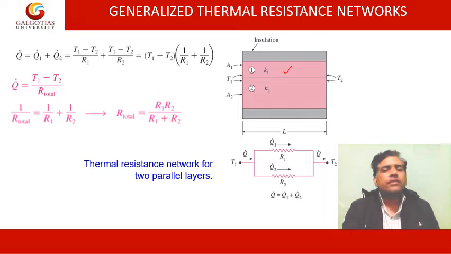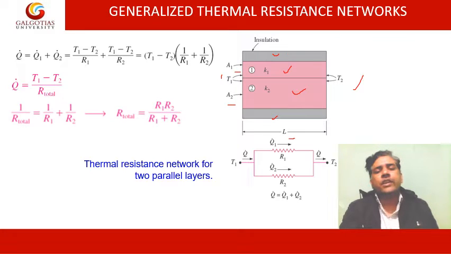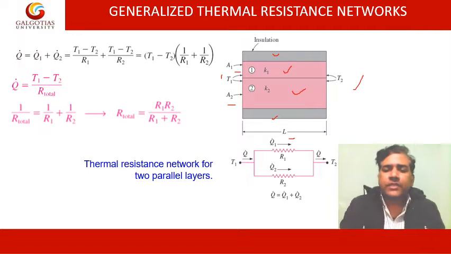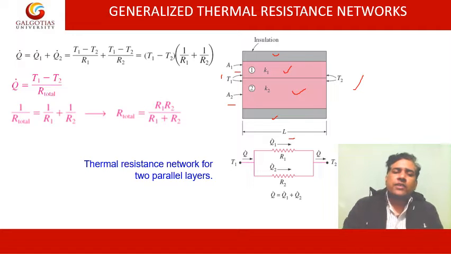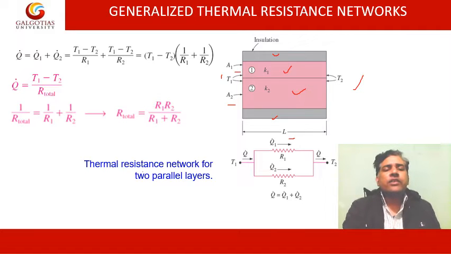Layer 1 has thermal conductivity K1 and layer 2 has thermal conductivity K2, and this is the insulation that has been provided over here. L is the length, and the temperature on this side is maintained at T1 and on this side at T2. These are the areas of the respective layers: layer 1 has area A1, layer 2 has area A2. So this can be replaced by a thermal resistance network for two parallel layers.